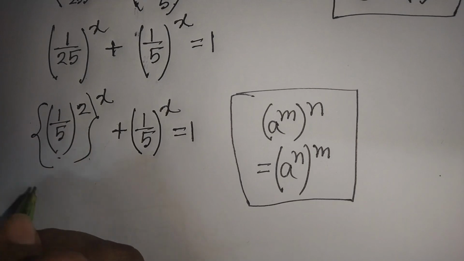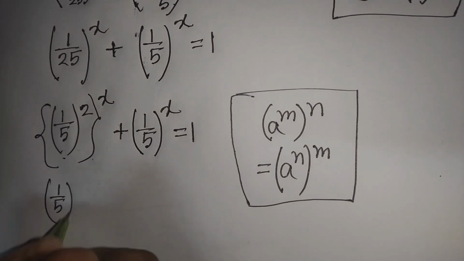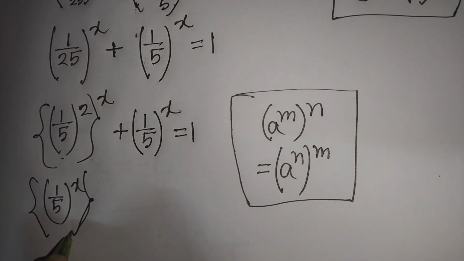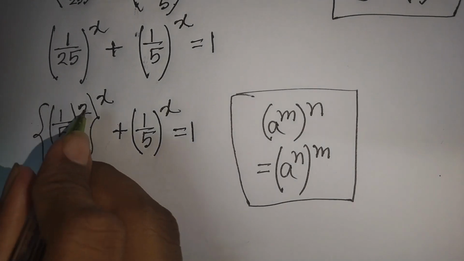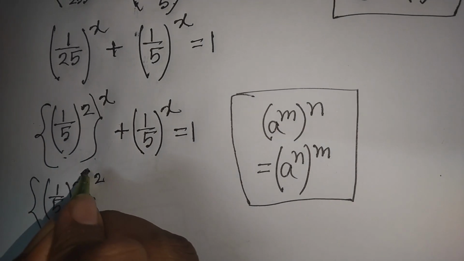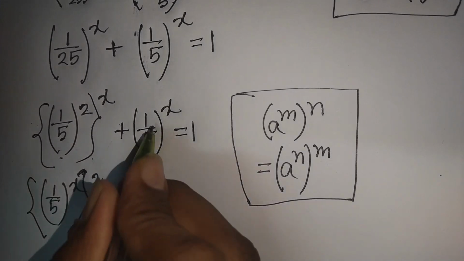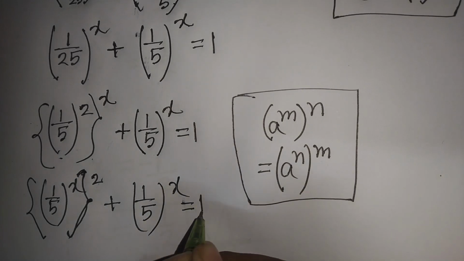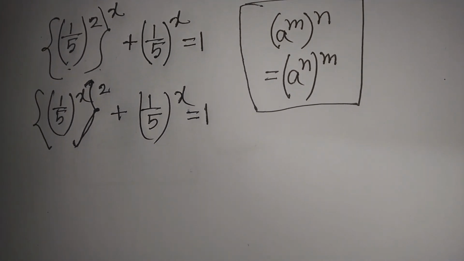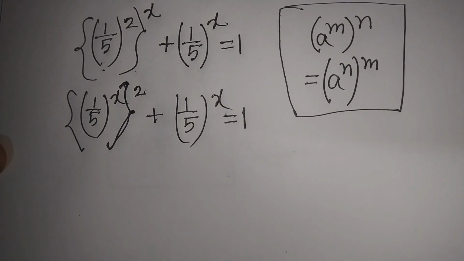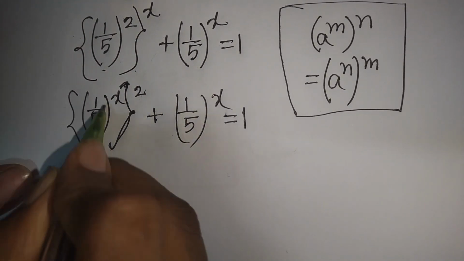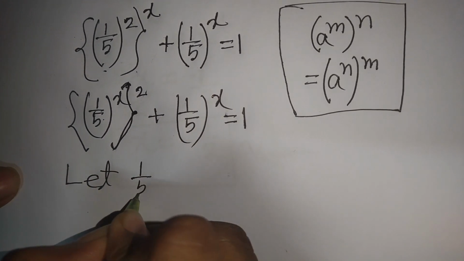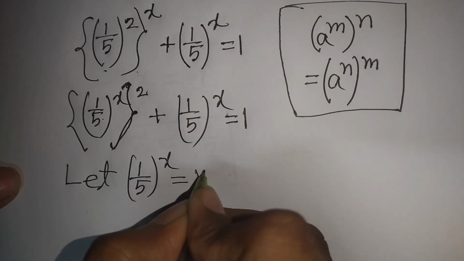So, it will be 1 by 5 bracket power x, then second bracket power of 2 plus 1 by 5 bracket power x is equal to 1. Now, we see 1 by 5 bracket power x, 1 by 5 bracket power x, both terms are same. So, let 1 by 5 bracket power x be substituted by y.